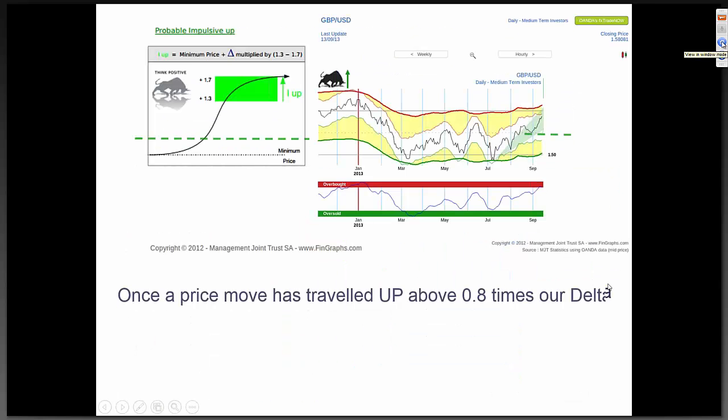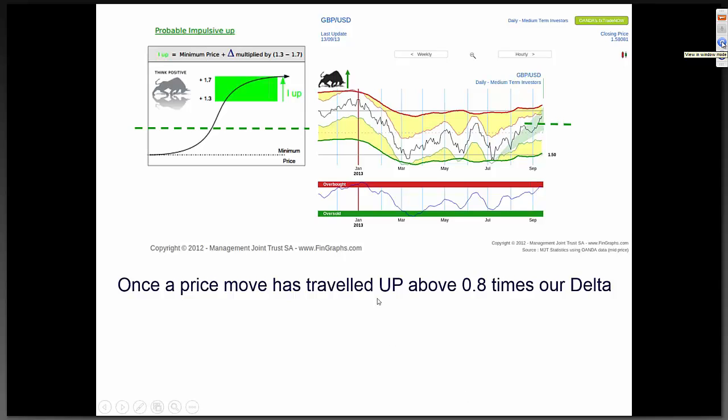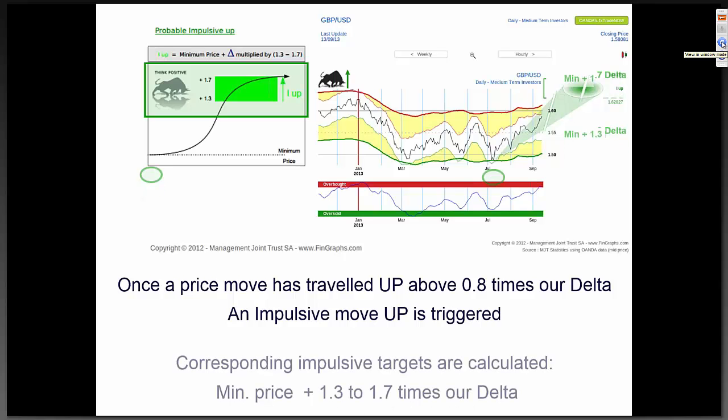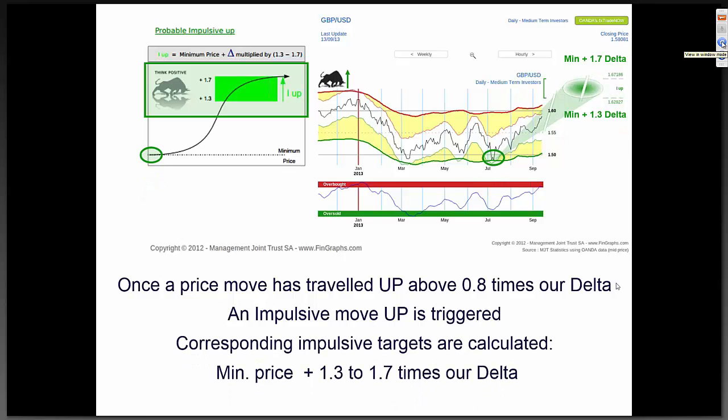Once a price move has traveled up above 0.8 times delta, an impulsive move up is triggered. So a more robust, confirmed move up with more potential. It corresponds to impulsive targets.